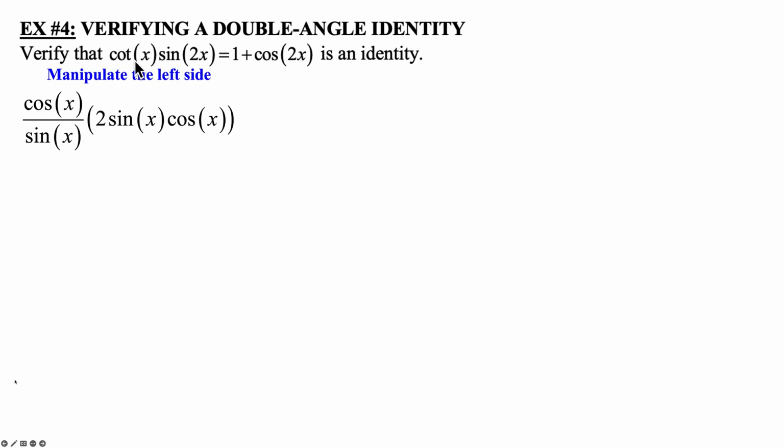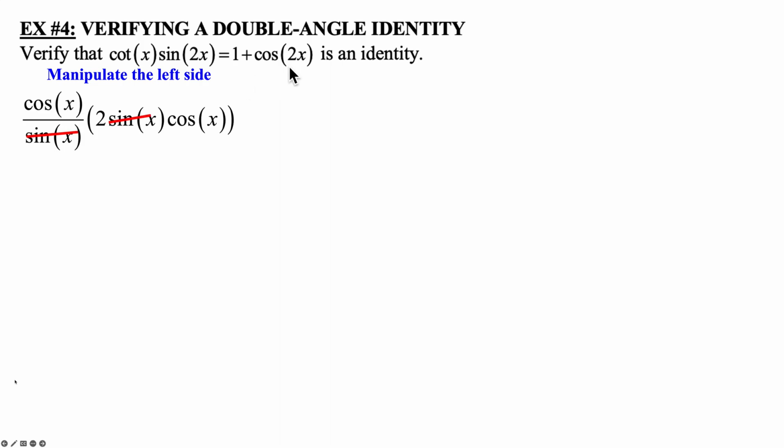So I'm going to change cotangent to cosine x over sine of x, and I'm going to change sine of 2x as 2 sine x cosine x. Always better to work with the sine of 2x because there's only one possible version of it. And also, you have sines and cosines that are not raised to the second power, so it's good for canceling.